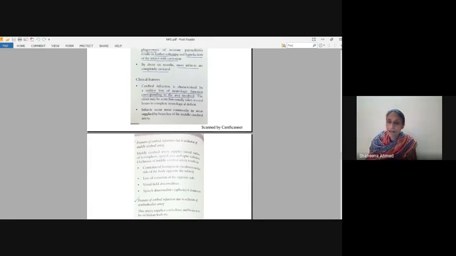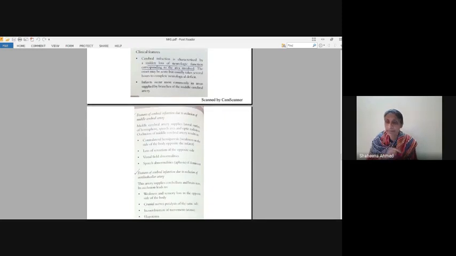Now, if we look at the clinical features, there is sudden loss of neurological function corresponding to the area which is involved. And as the infarct advances, we will see how much damage has been done, and the amount of damage in the brain is going to be proportional to the supply area of that region.